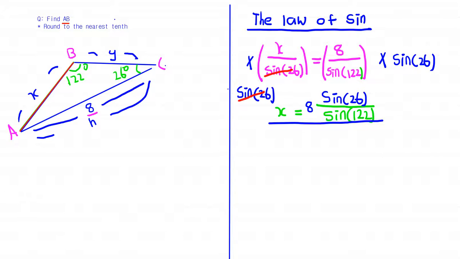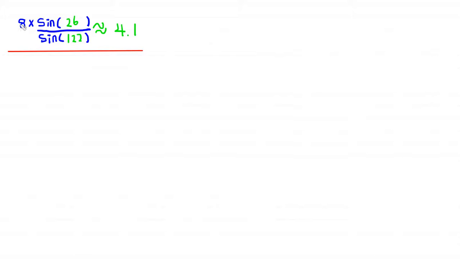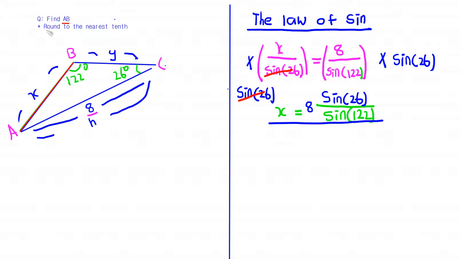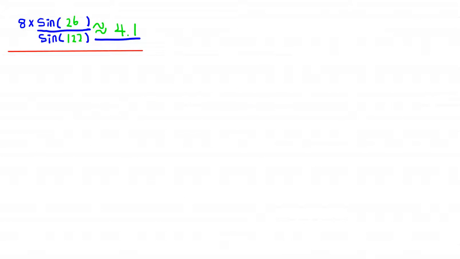I already calculated this answer, which is 8 times sine of 26 over sine of 122, approximately 4.1, because the question says to round to the nearest tenth place. If you want to type this in the calculator, you need to make it into degree mode.